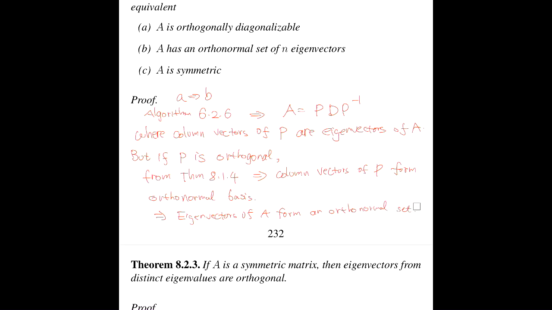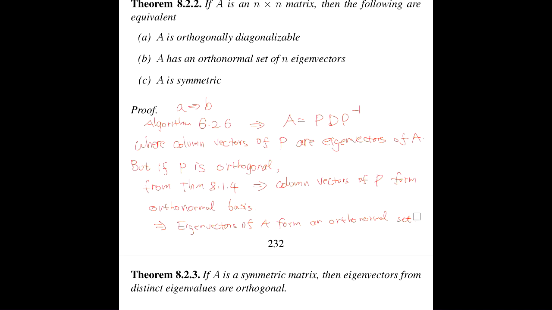We know if A is diagonalizable, the column vectors of P are eigenvectors of A. But now we know P is orthogonal, so the column vectors of P form an orthonormal set, which means the set of eigenvectors of A form an orthonormal set. Okay, the proof is quite simple.